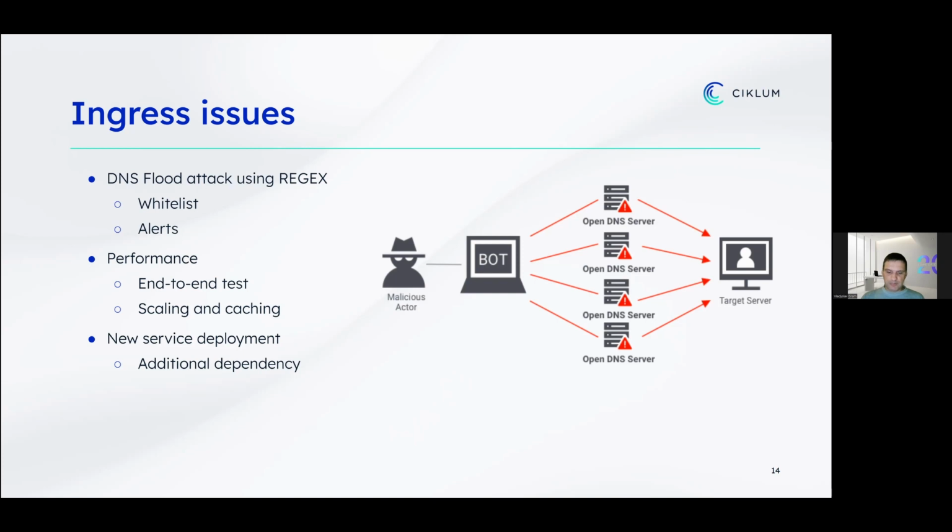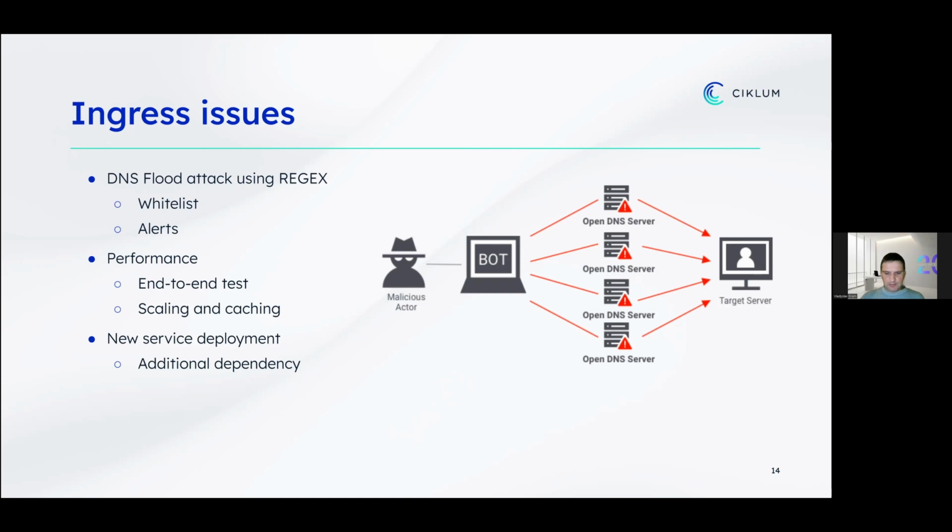We had to enable scaling. We had to cache lots of the stuff on the Akamai side, and some things were allowed to be cached on the regex side, on the ingress side, but it affects performance, and we had to optimize this performance more and more to make sure it works well.